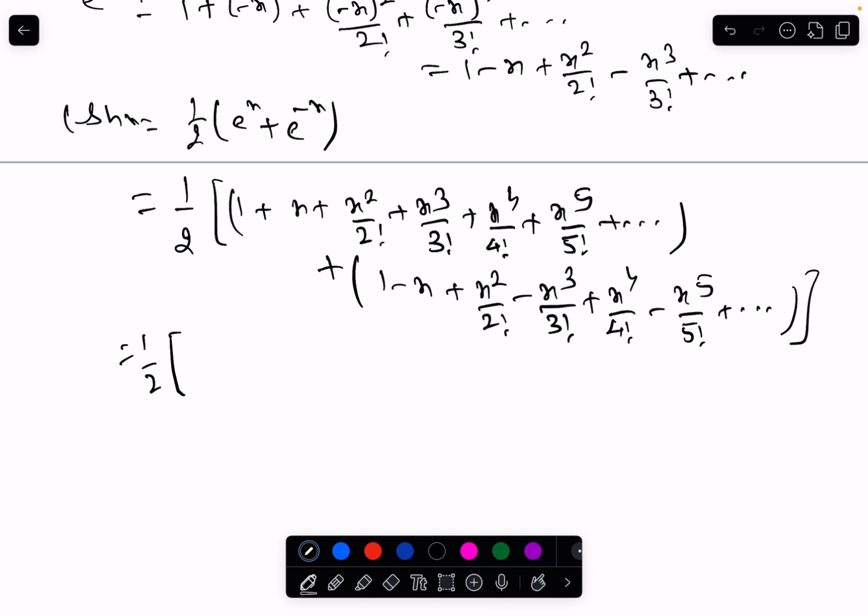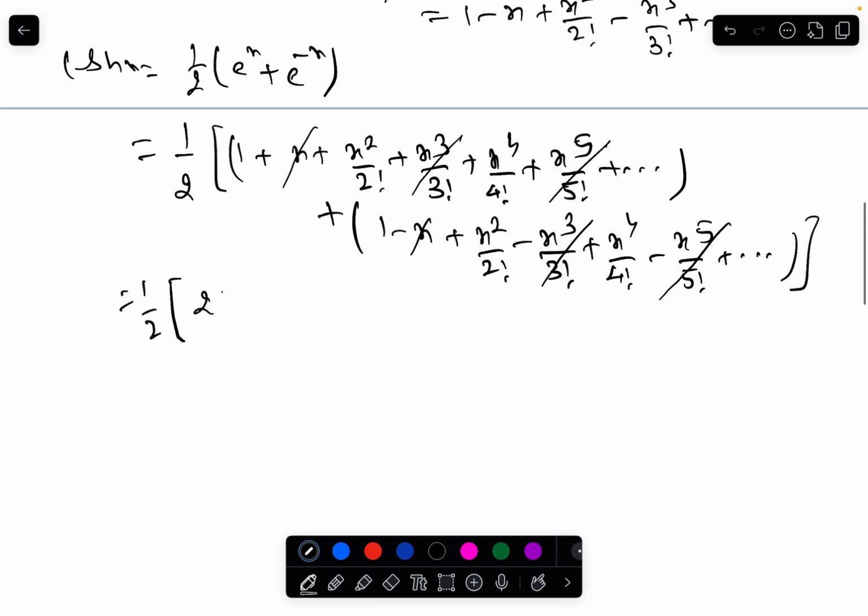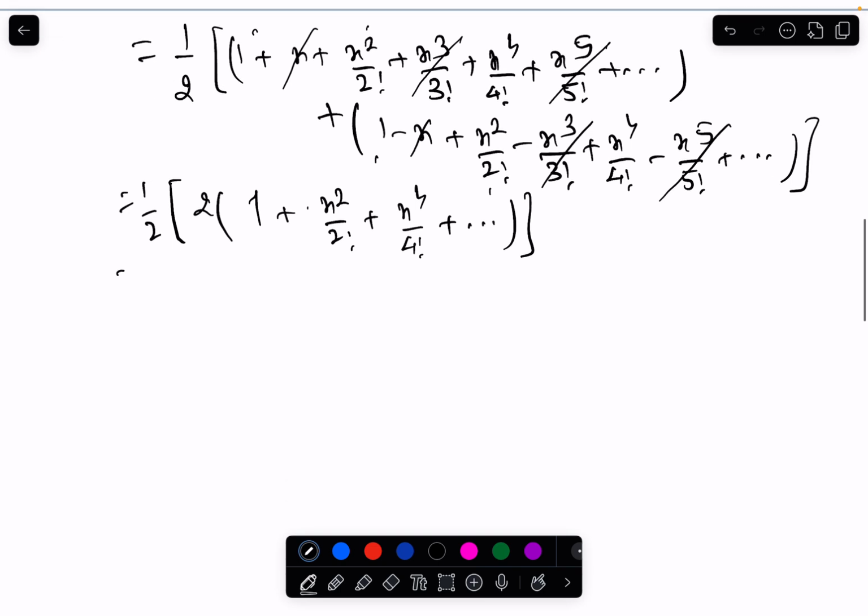Now here, this term will be getting cancelled, x and minus x, and minus x cube by 3 factorial, this term will be getting cancelled. Now 1 is here, 1 is here, so that will be 2 times. Then x square by factorial 2, x square by factorial 2, so 2 times x square by factorial 2, plus 2 times x power 4 by factorial 4, and so on.